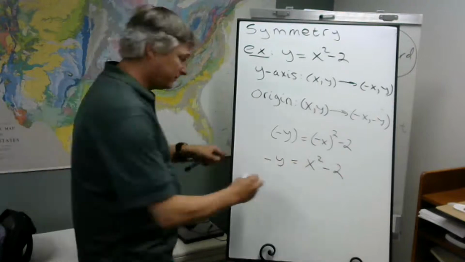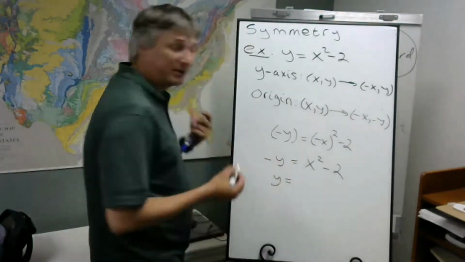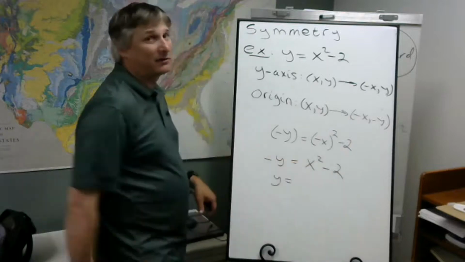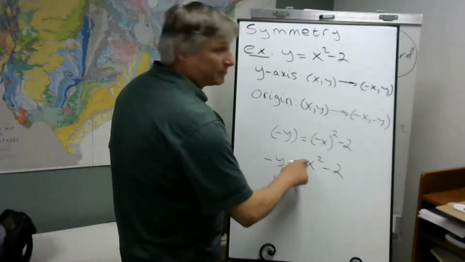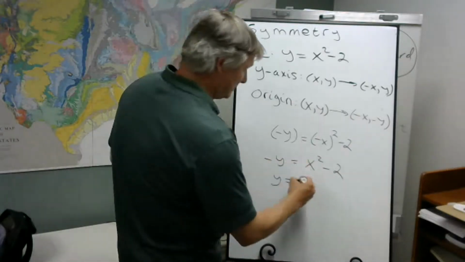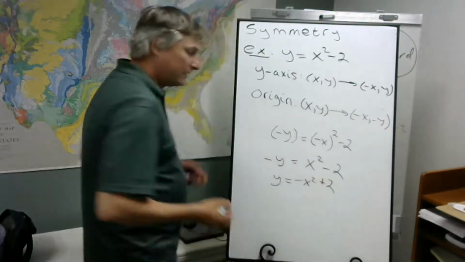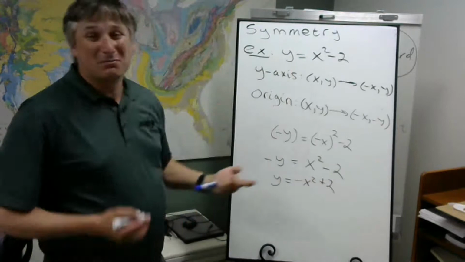Trying to make this y positive, but what I do to one side, I've got to do to the other. I multiply this by negative 1, then I multiply this side by negative 1. Distributing the negative 1 gives negative x squared, negative times negative is a positive. And again, this doesn't match.